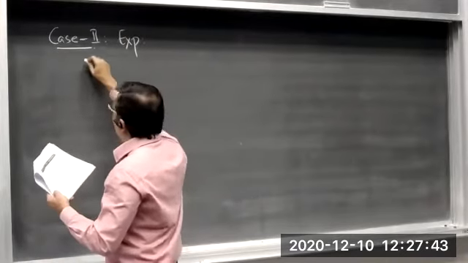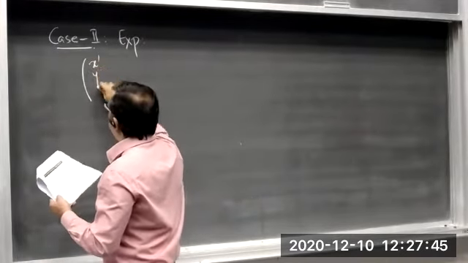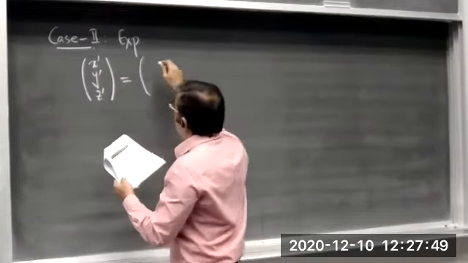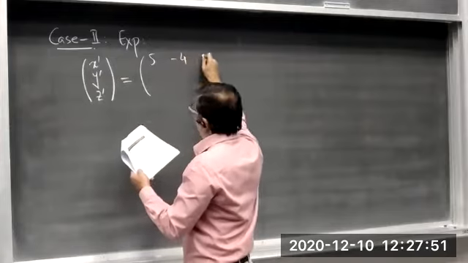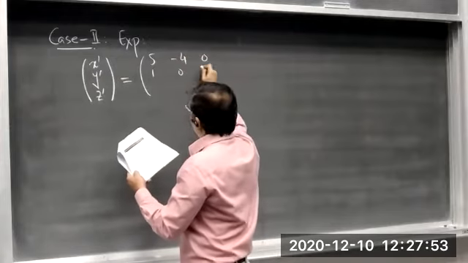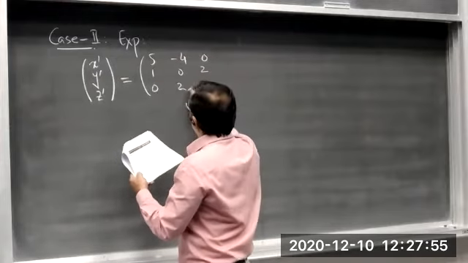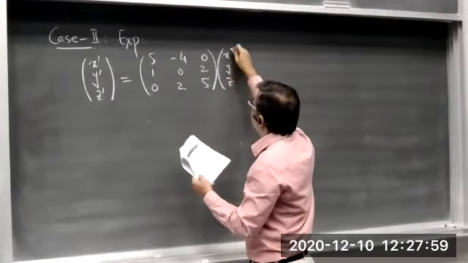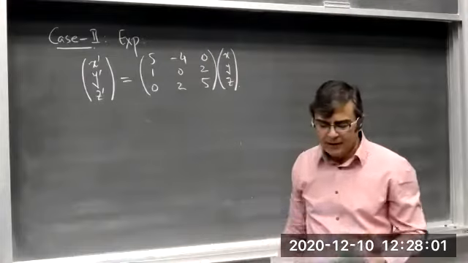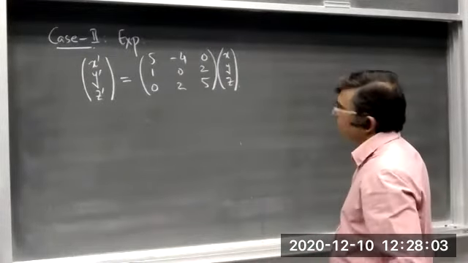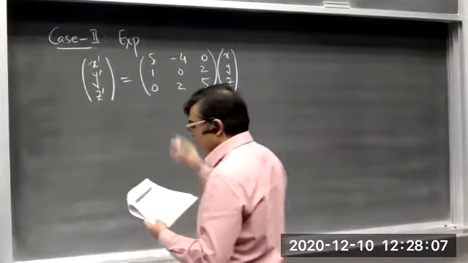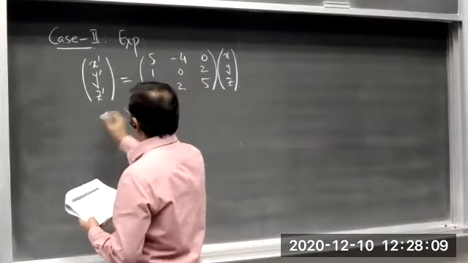We need to solve this first order system of differential equations: 5, -4, 0, 1, 0, 2, 0, 2, 5 times x, y, and z. Now, I'm going to write directly the eigenvalues corresponding to this system.